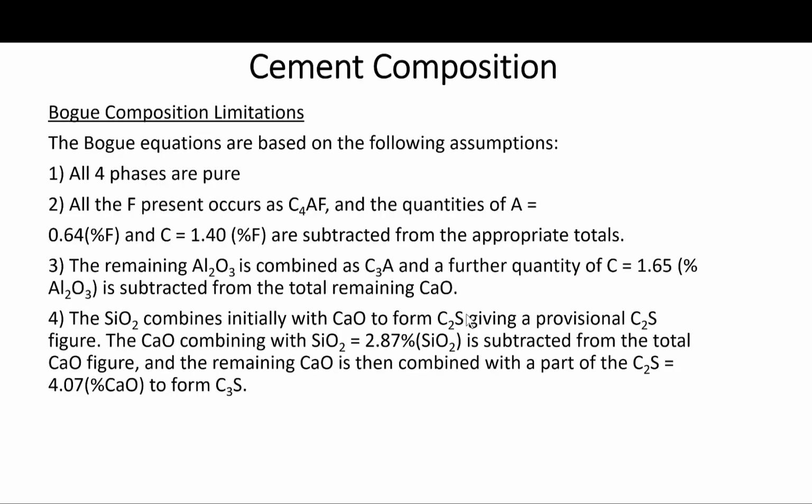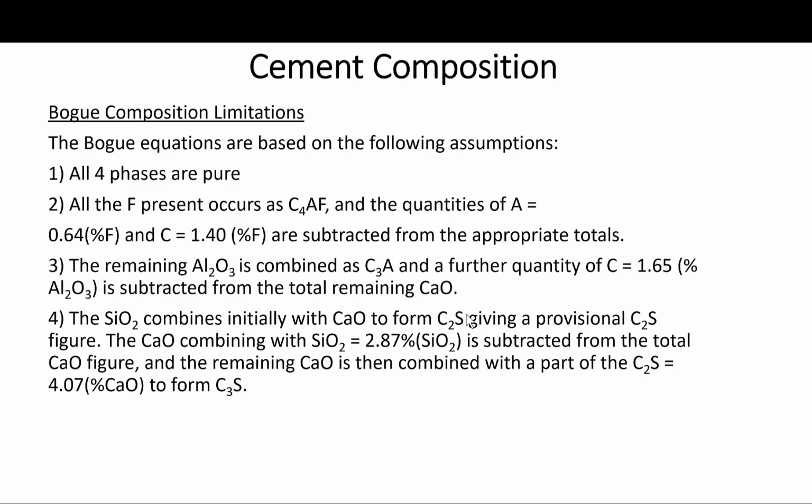Okay, as I've been saying, the Bogue calculations have many limitations. The Bogue equations are based on the following assumptions. First of all, that all four phases are pure, which is never the case.